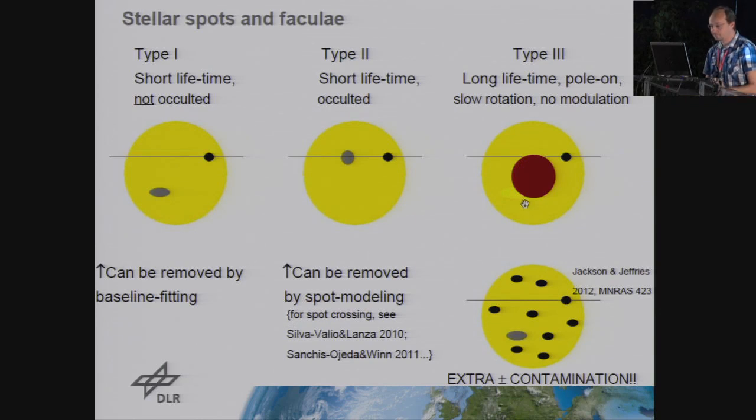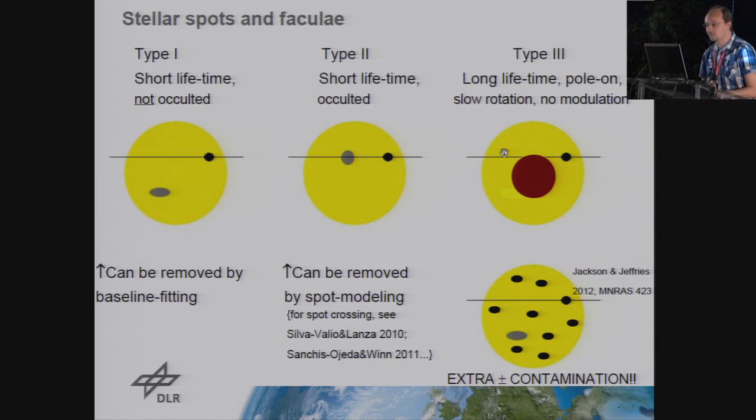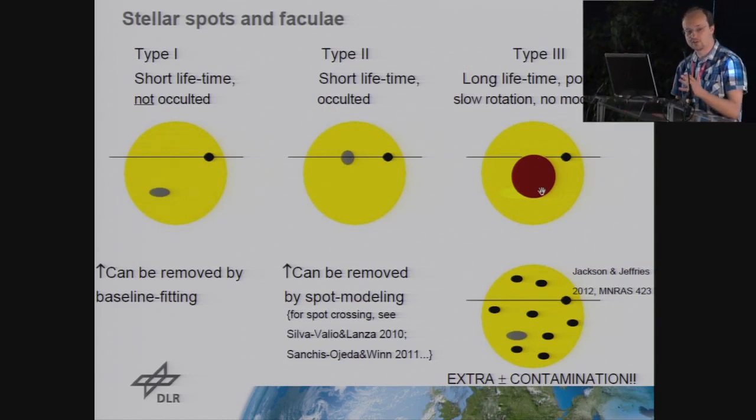So in this case, the temperature will change as we discussed before, but the limb darkening coefficients will be changed as well, because limb darkening coefficients depend on temperature, so the limb darkening will be different in the spotted area and in the unspotted area. And if we have many other spots, then the situation is even more complicated. We have to calculate some nice weighted average. And of course, the spots will cause extra positive or negative contamination depending on whether they are bright or dark.